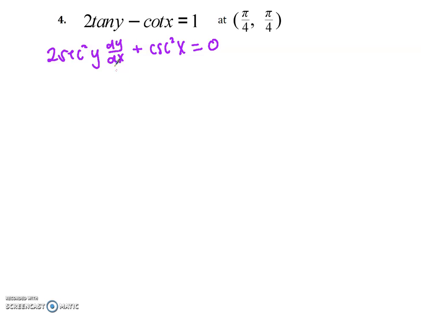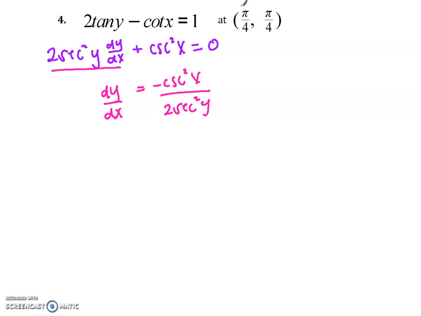So then to solve for dy dx, I'm going to move this cosecant squared over. So that goes to the other side. Then I'll just divide by what's with the dy dx, which is the 2 secant squared. And that'll let me solve for dy dx.